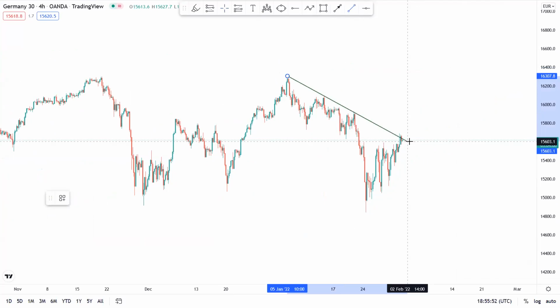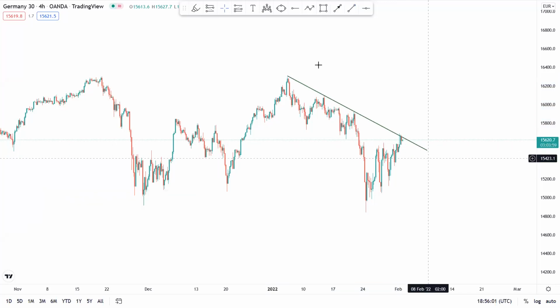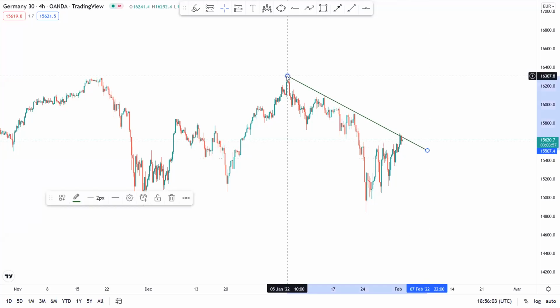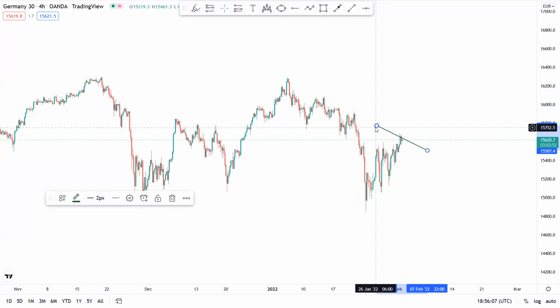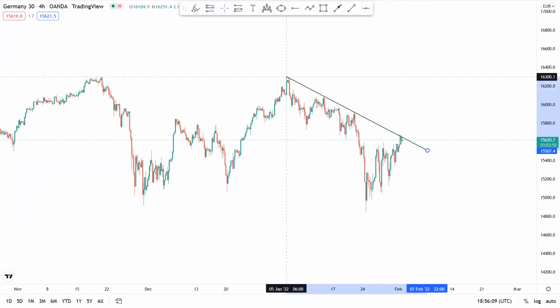So if you can check here, this was our fourth touch. The more the market touches the resistance, the weaker the resistance becomes. Keep that in mind. It doesn't mean that the resistance is getting stronger the more we touch it.